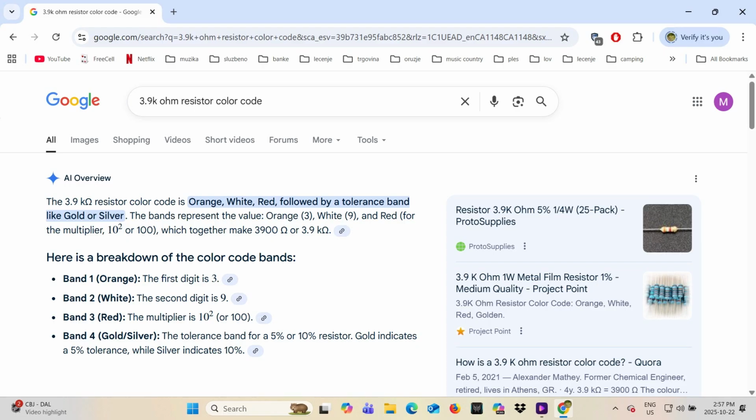Here's a breakdown of the color code bands. Band 1, orange, the first digit is 3. Band 2, white, the second digit is 9. Band 3, red, the multiplier is 10 to the power of 2 or 100. Band 4, gold, silver, the tolerance band for a 5% or 10% resistor. Gold indicates a 5% tolerance, while silver indicates 10%.